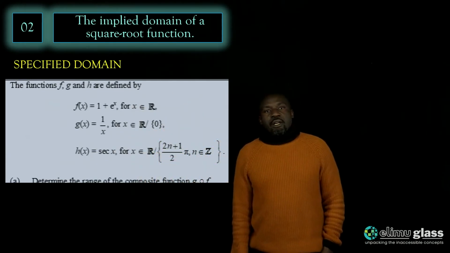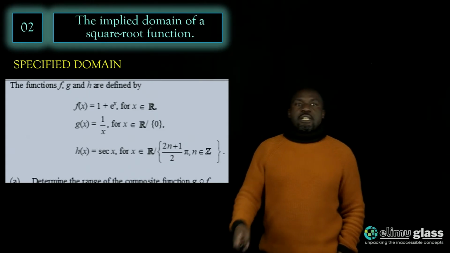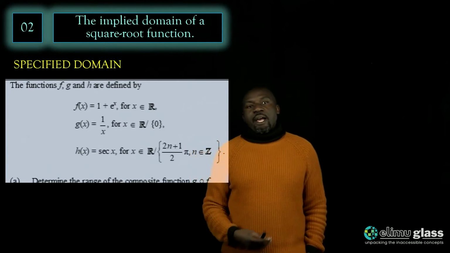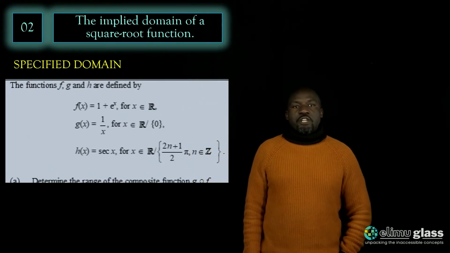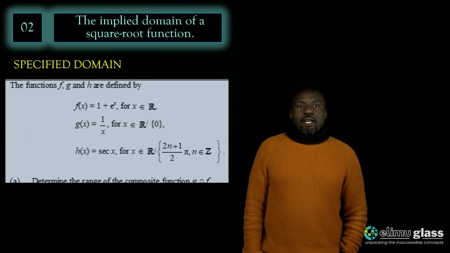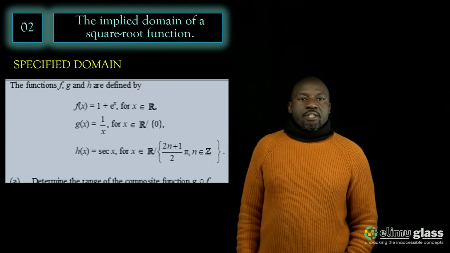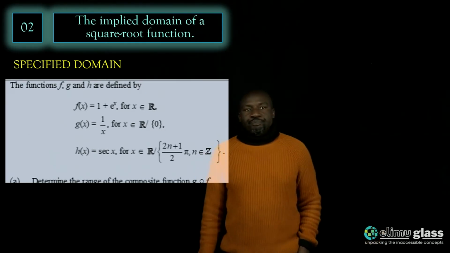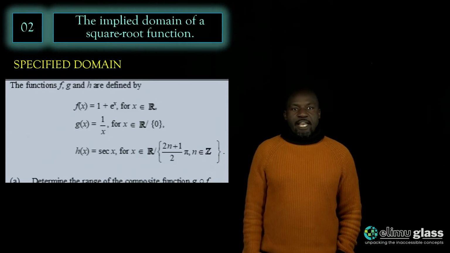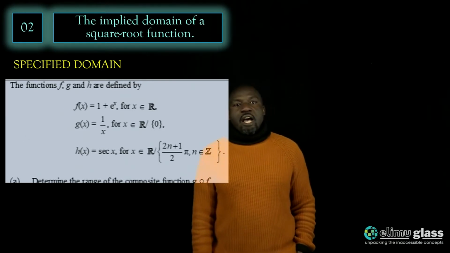Here, this examiner gives 3 different functions, and as you can see, in each case, a domain is specified. So for the first one there, which is an exponential function, it says this is an exponential function for which the domain is all values of x in the real set. Okay. The second one there also indicates that the domain is the real number set other than 0.